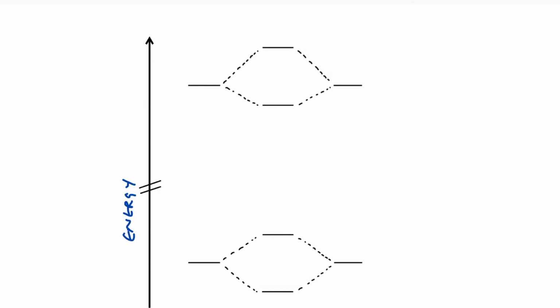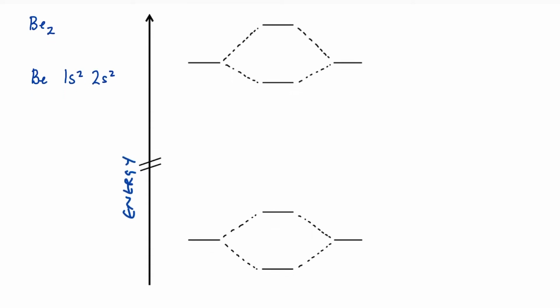So what would molecular orbital theory predict for a molecule of beryllium, Be2? Well, each beryllium has the electronic configuration 1s2, 2s2. So we can have a look here with our 1s and our 1s.